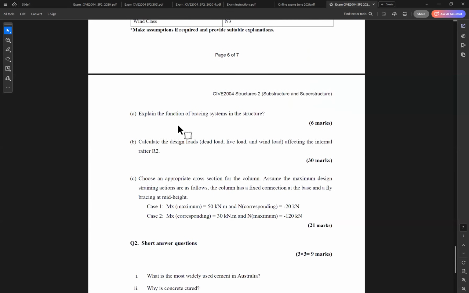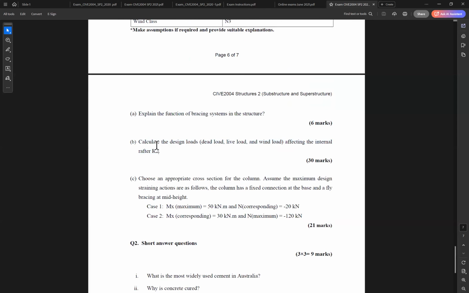So the first question is: explain the function of the bracing system in the structure. This question is to draw the bracing layout and explain the function of bracing, for example in this test. Then calculate the design load, dead load, live load, and wind load affecting the rafter R2.